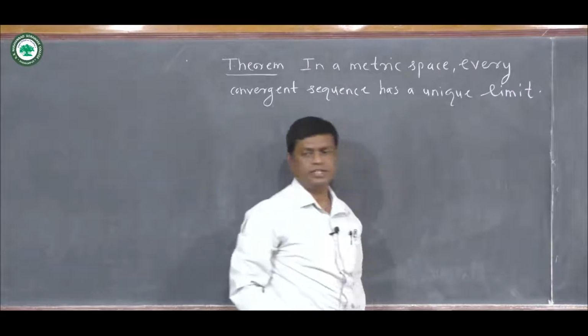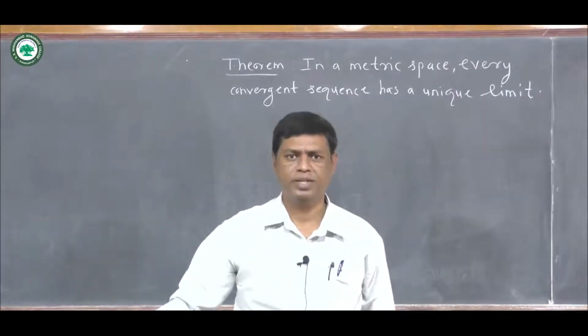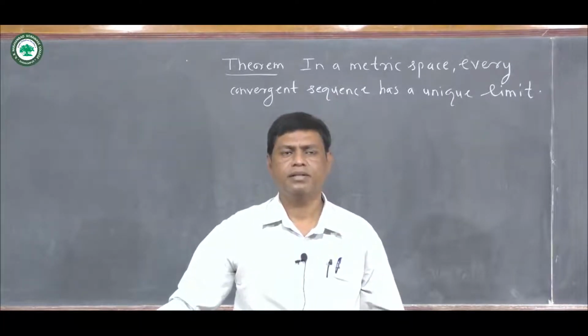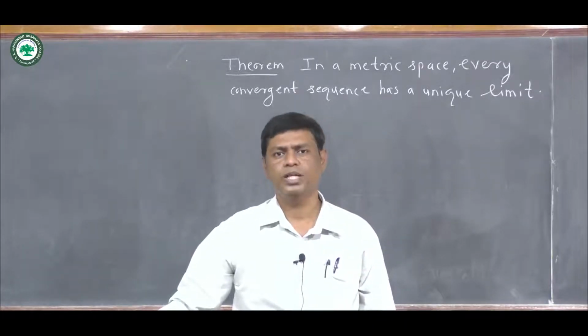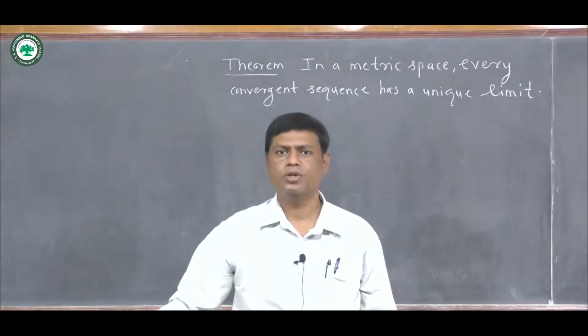Now to prove this, we are going to consider a sequence xn in a metric space (X, d), and we take the limits of that sequence as x and y. Then we are going to show that in that case we get x is equal to y.